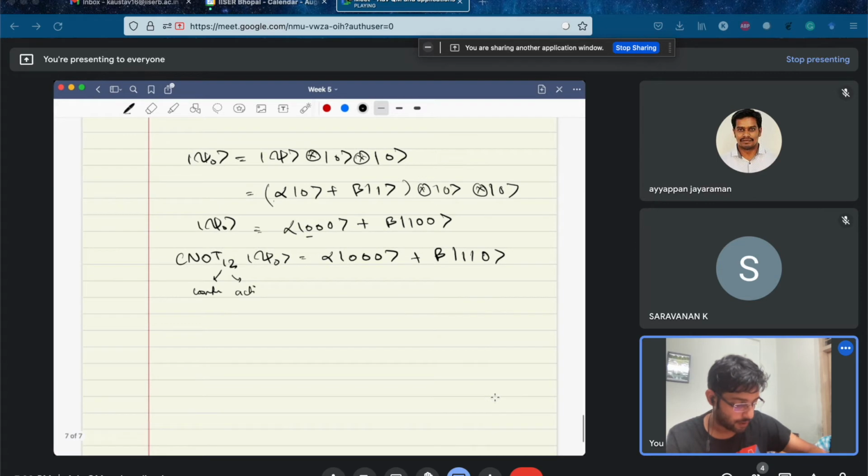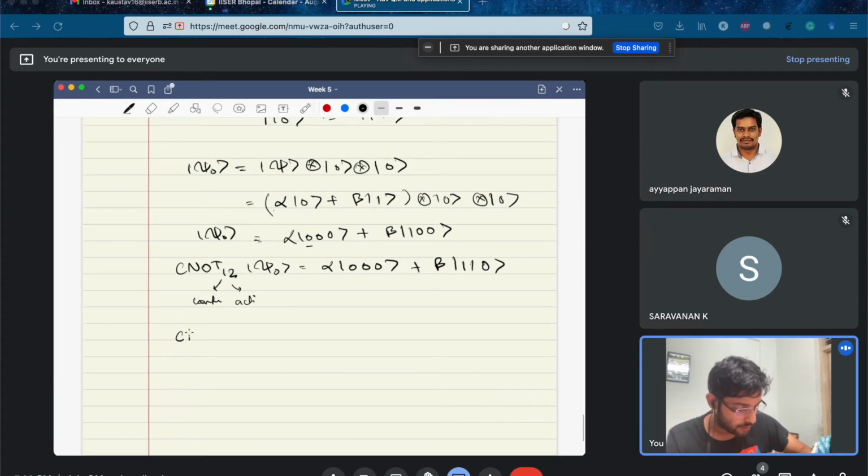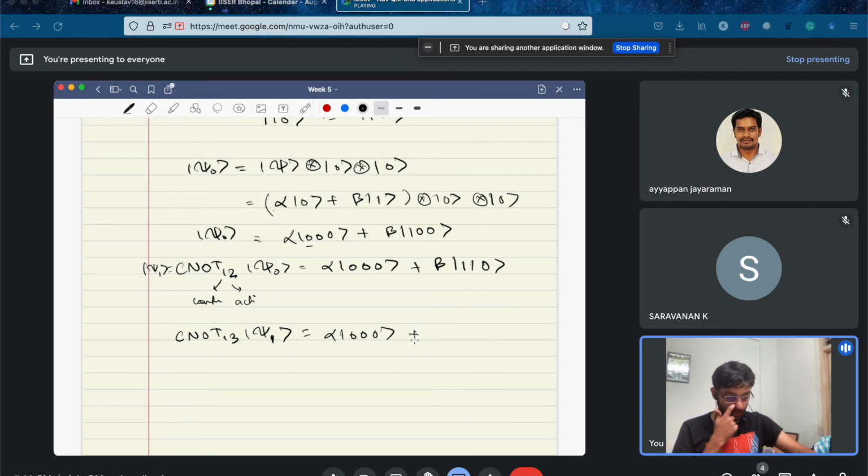Okay, now you have a C naught 1 3 acting on state psi 1. So what will happen here is that again for alpha it doesn't do anything, but for beta, since the first qubit is 1, the third qubit will get impacted, not the second qubit.